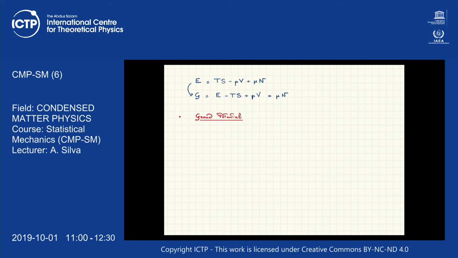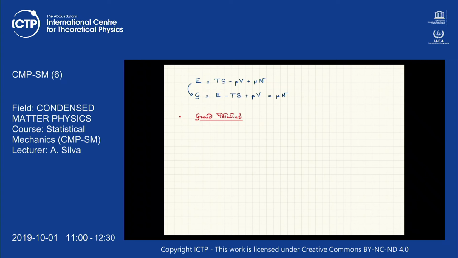So it's always grand. It is a system in which you fix the temperature, the volume, and you fix the chemical potential. You don't fix the number of particles. Okay? So we want to fix volume, temperature, and chemical potential.